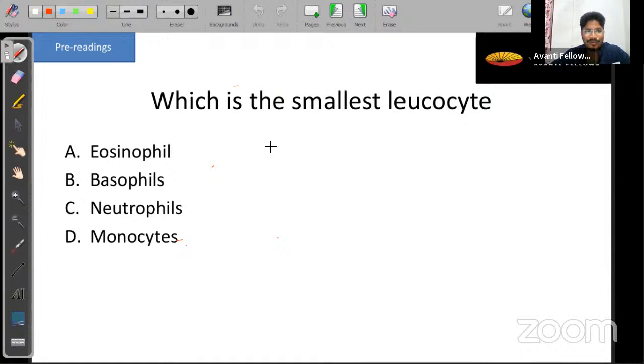I've launched a poll for this question, and I have not got any answer so far. Is my screen visible to everyone? The screen is visible, no issue in that. Read the question properly and find out which of the following is the smallest leukocyte. 40 seconds gone, and only 33% people have chosen their answer.